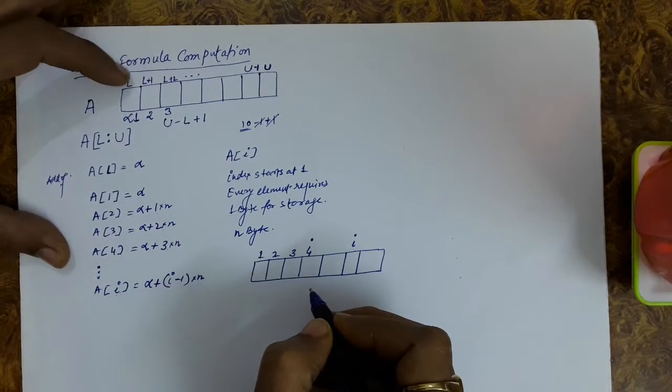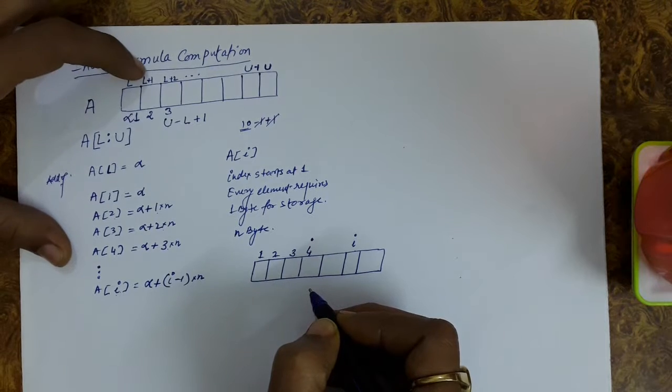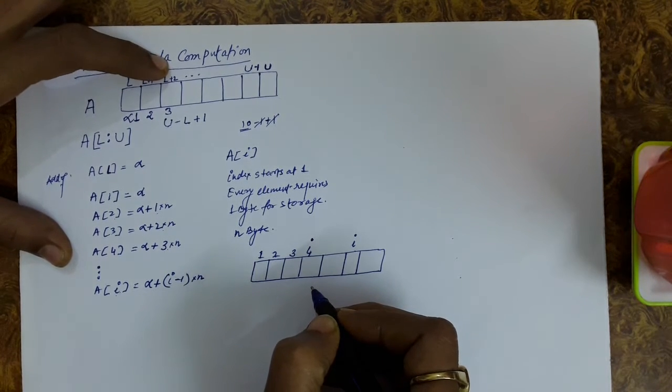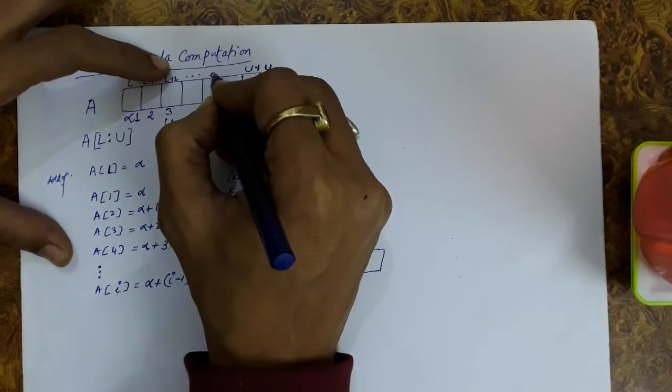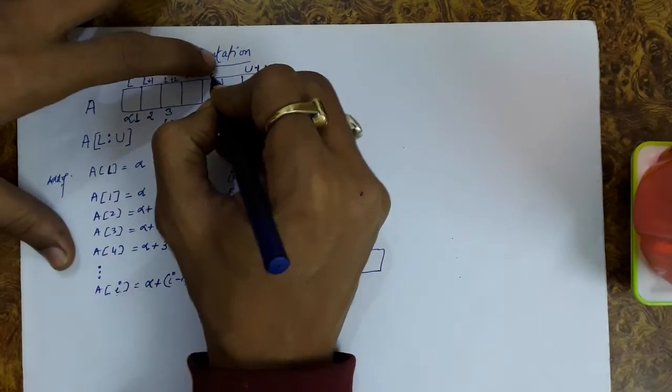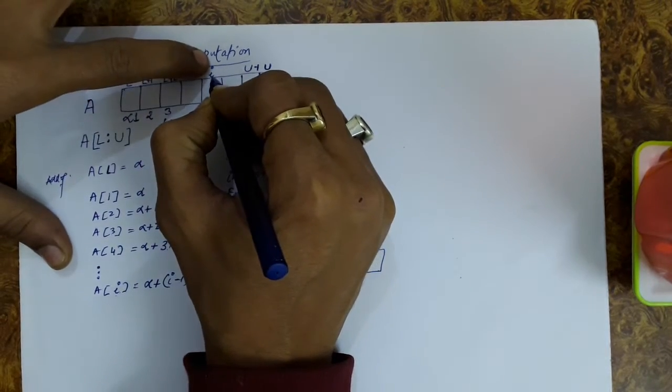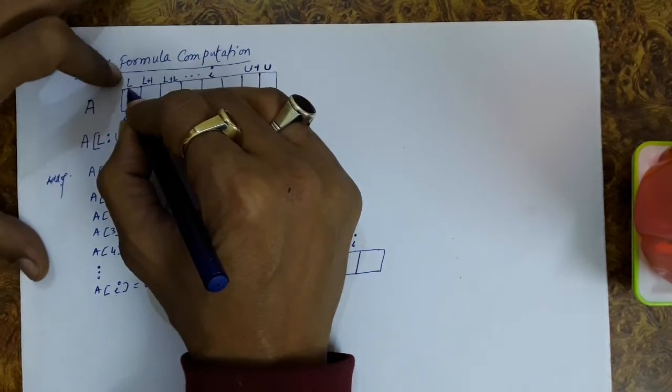Now if the address is starting from L, then L plus 1 will be the second element, L plus 2 will be the third element, and for some ith element, we need to find out the distance of the ith element from the first element.